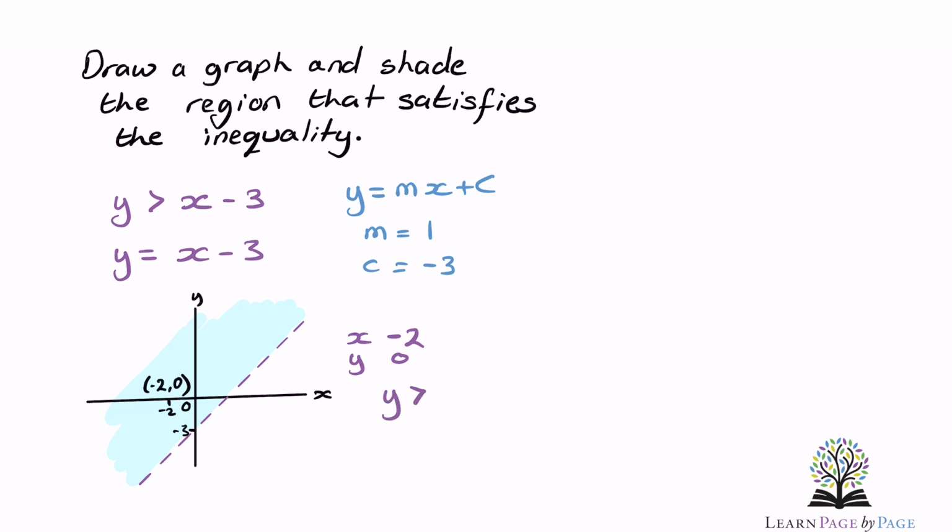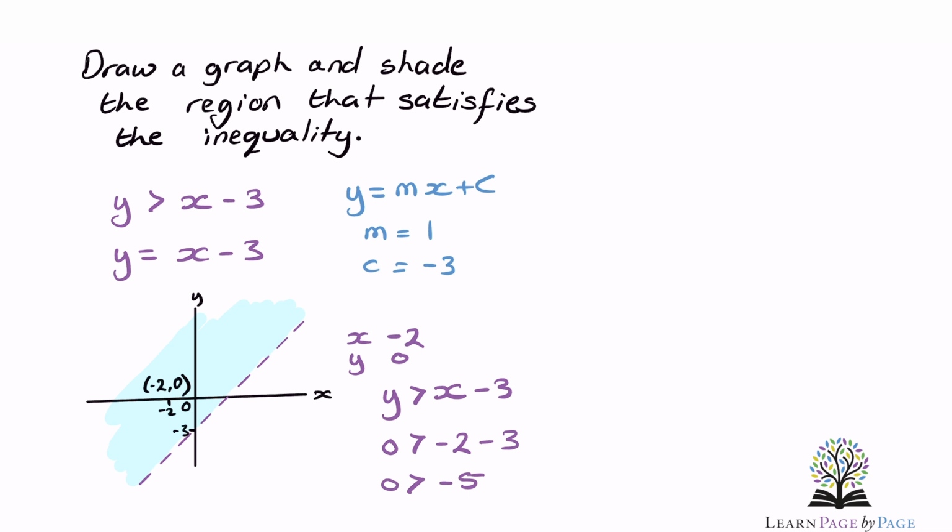Our inequality was y is greater than x minus 3. Is 0 greater than -2 minus 3? Yes, because 0 is greater than -5. So we can say that the region we've shaded does satisfy that inequality.